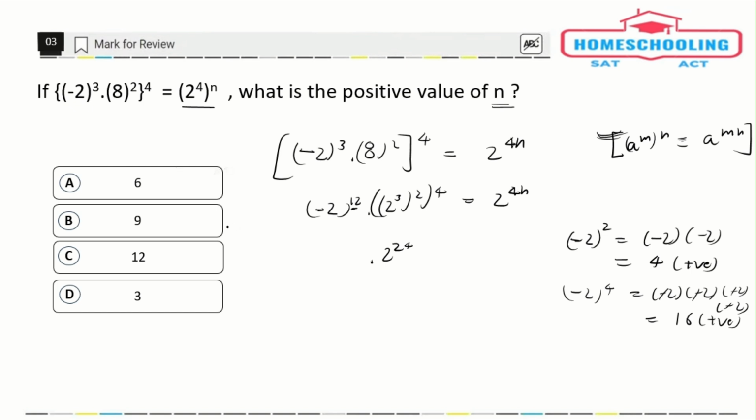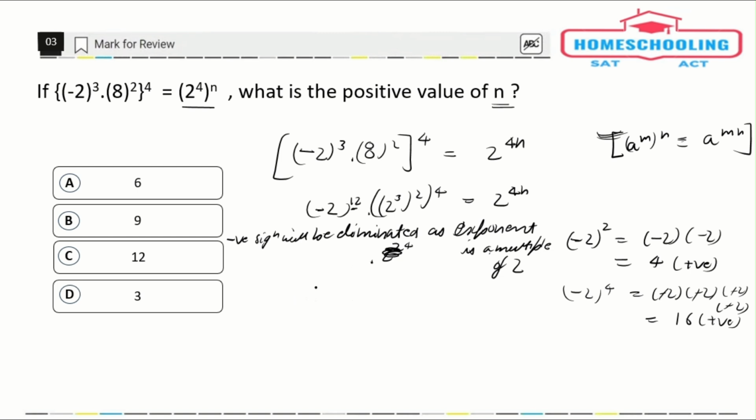So we can say that the negative sign will be eliminated as the exponent, or the power, is a multiple of 2.